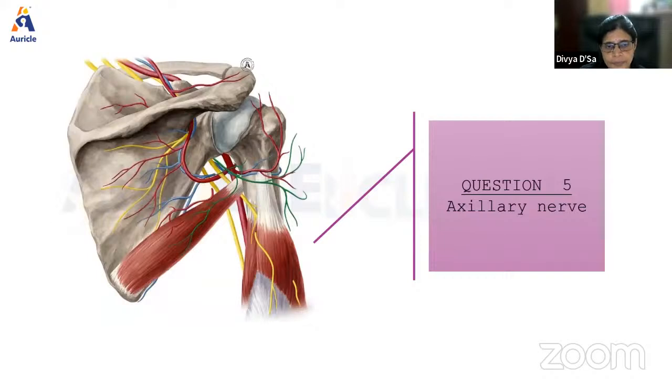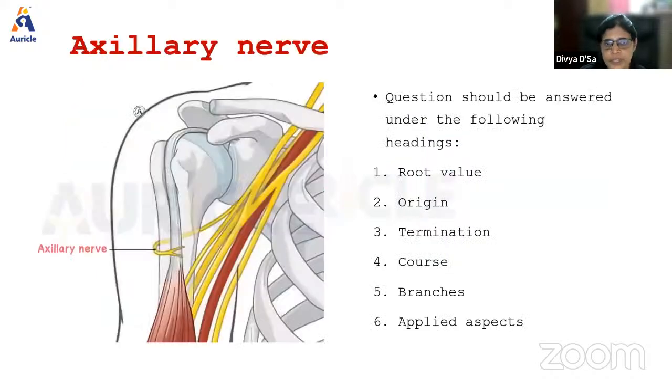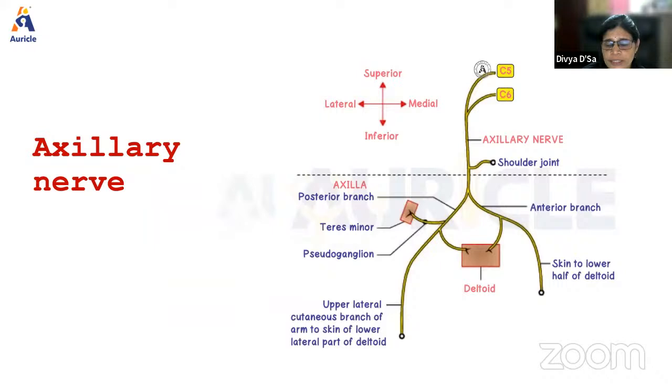Next is axillary nerve. Same pattern for any nerve: root value, origin, termination, course, branches, applied aspects. So axillary nerve is a branch from which cord? Posterior cord. But though it is from the posterior cord, we are saying only C5, C6. Why?